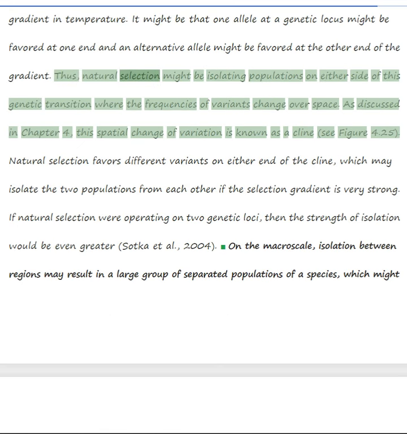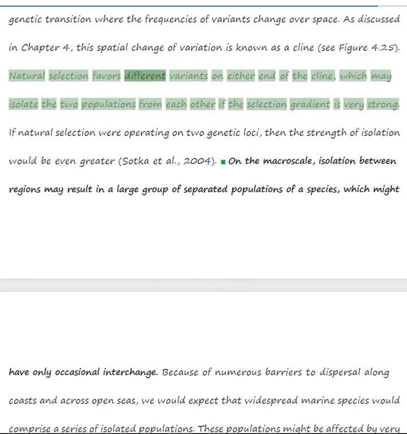Thus, natural selection might be isolating populations on either side of this genetic transition, where the frequencies of variants change over space. As discussed in Chapter 4, this spatial change of variation is known as the cline. Natural selection favors different variants on either end of the cline, which may isolate the two populations from each other if the selection gradient is very strong.